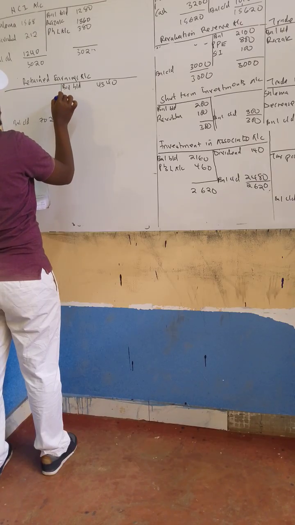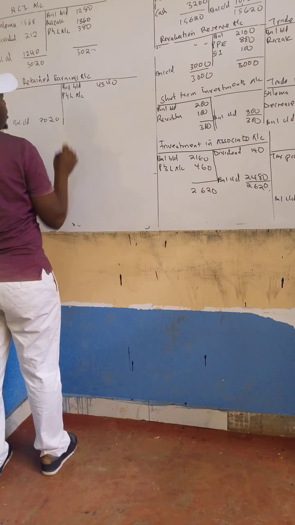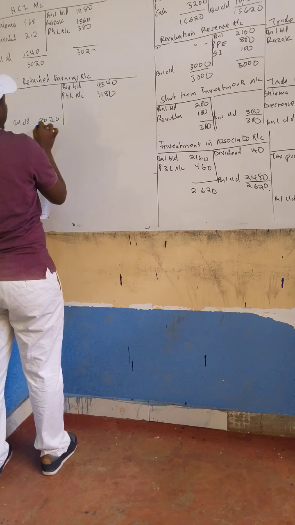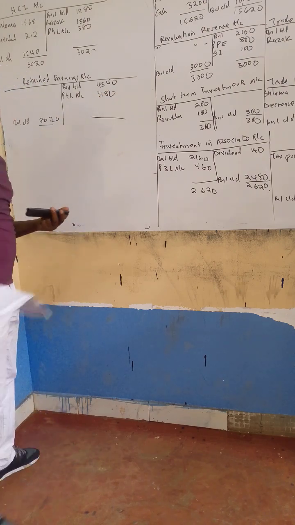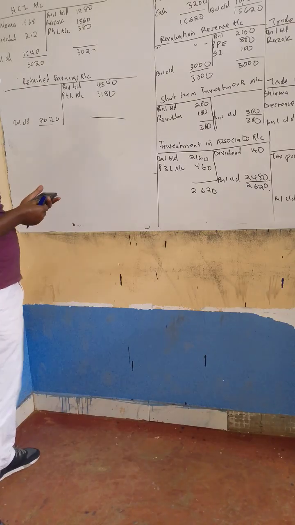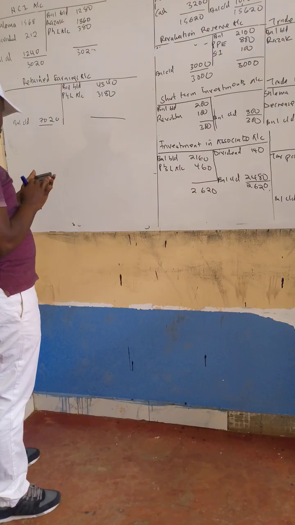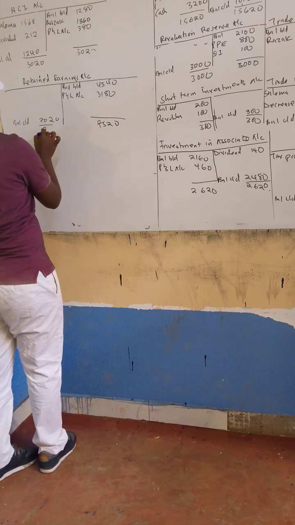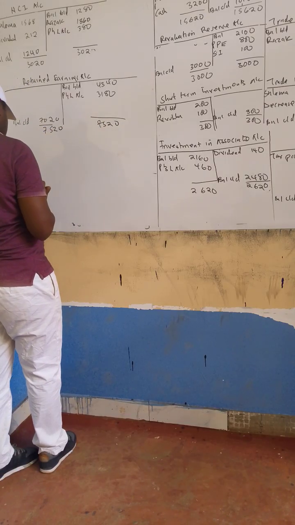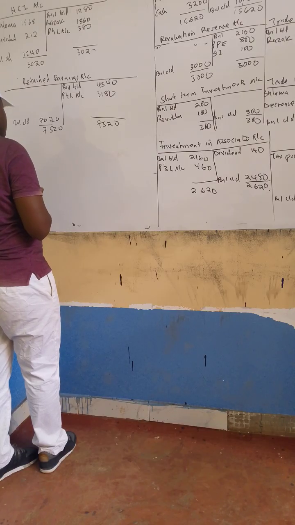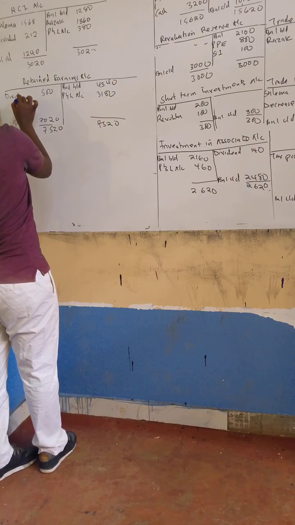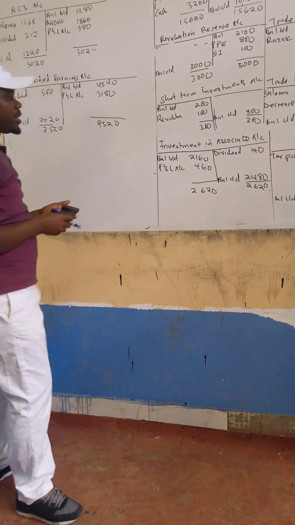And then the P&L account was 3180. So our dividend will be 4340 plus 3180, get 7520, minus 7020, you get 500. So this dividend paid to majority was 500.